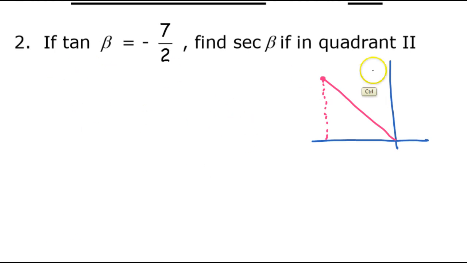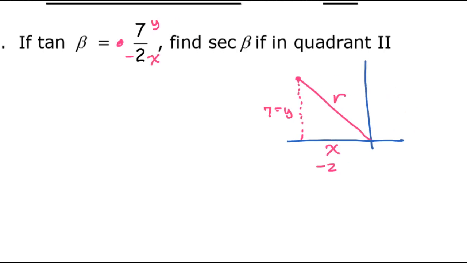Okay, so for number 2, again, we're in the second quadrant, and again, we need to think in terms of x, y, and r. Now, tangent is y over x. I know that y is positive and x is negative, so I'm going to look at this as positive 7 over negative 2. So here we have 7, and x is -2, and we need to find r.